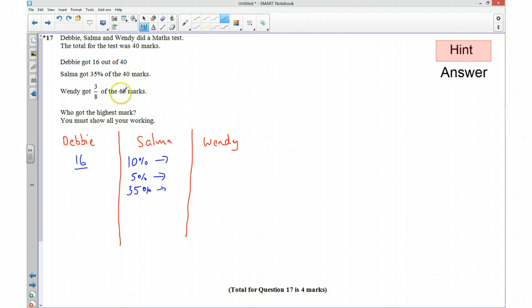And if you want a bit more of a hint, then for Wendy, because we want 3/8 of 40, we can work out 1/8 of 40, and then once I know what 1/8 is, we should be able to work out 3/8 of 40, and then we should be able to compare the marks together. Those are my hints. If you now like to have a go at pausing the video and then finishing off this question.